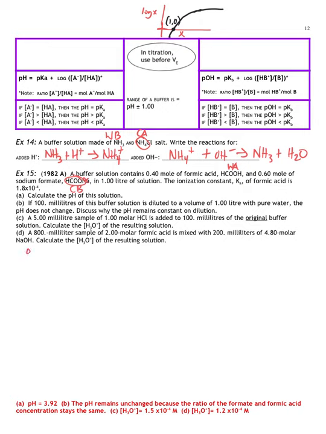So once again, whenever I see the word buffer, I'm thinking to myself, Henderson-Hasselbalch equation. So I'm going to set up my Henderson-Hasselbalch equation, but I'm actually going to set it up with the specific ions or compounds that I'm dealing with. And so here's my conjugate base, which is HCOO minus, and then here's my acid.